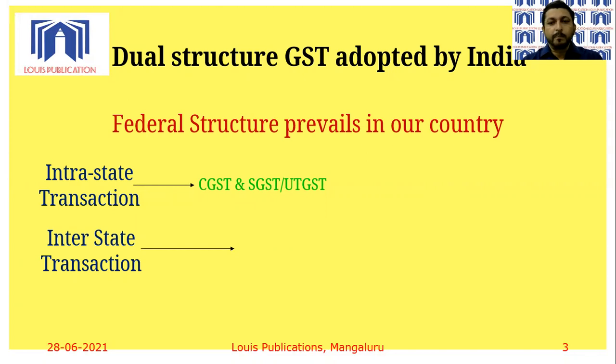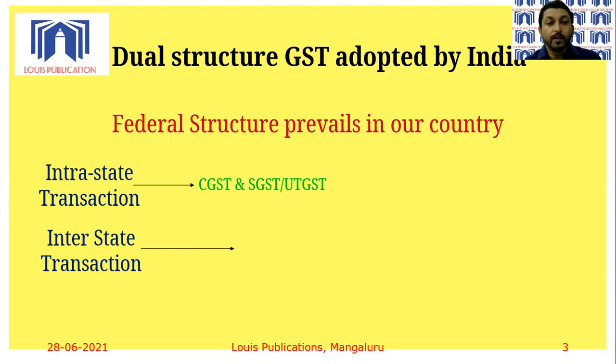If the transaction happens in a state, buyer and seller are from the same state, we talk about SGST. If it's an intra-union territory transaction, where both the buyer and the seller are from the same union territory, then instead of SGST, we will have UTGST. Now, what will happen?